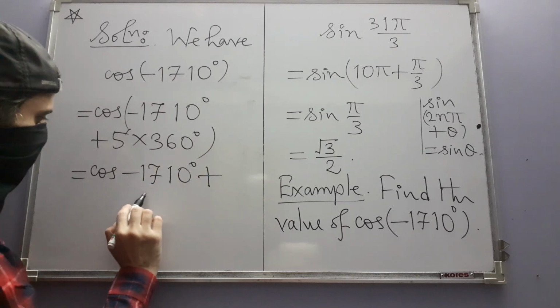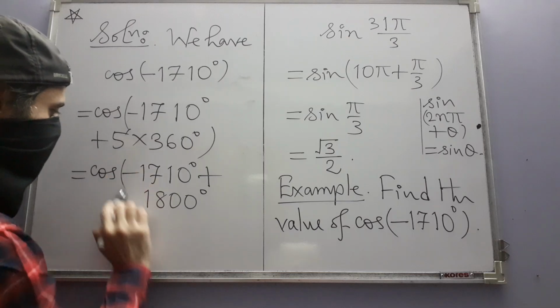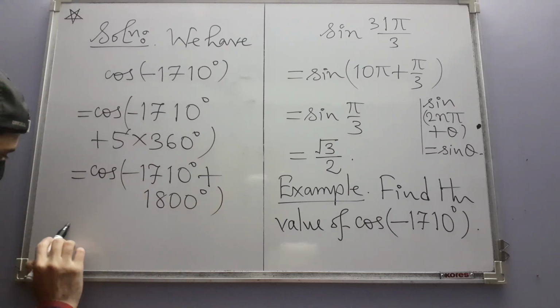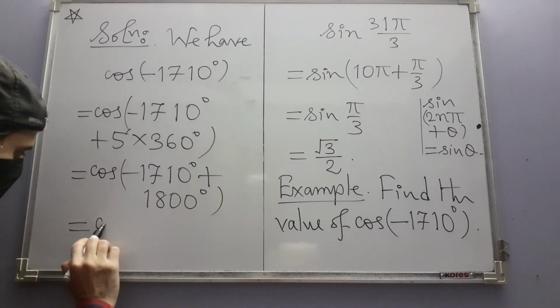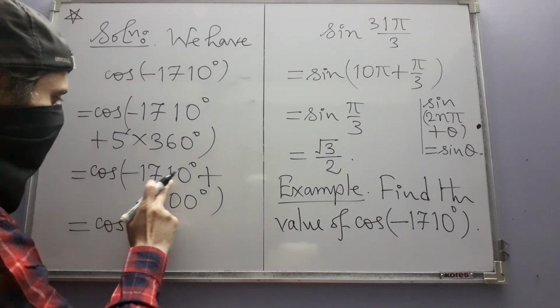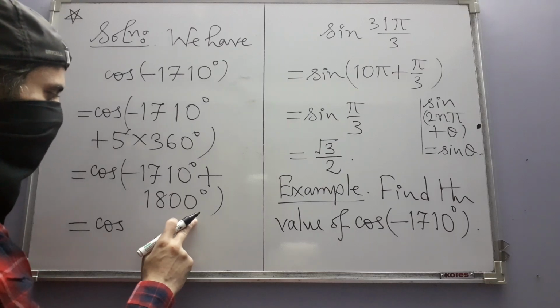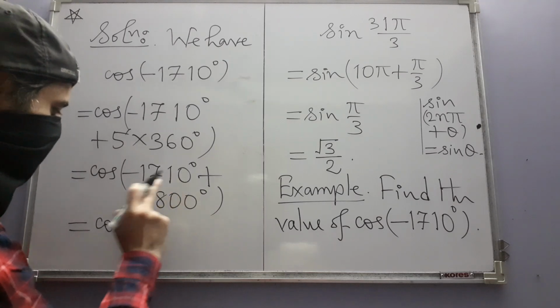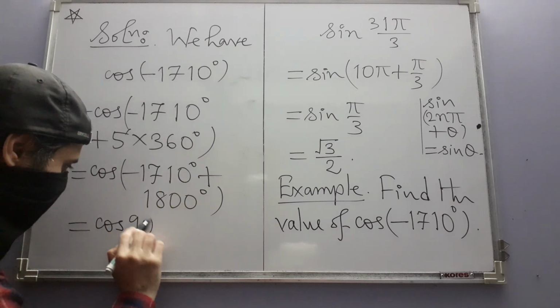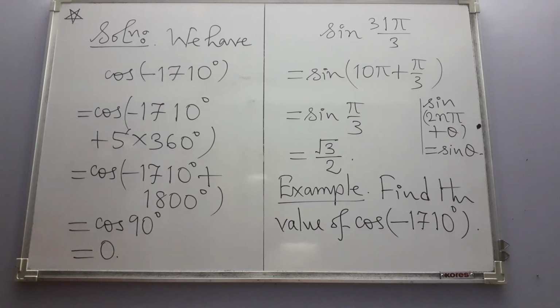This turns out to be 1800 degrees. And how much is in this? 1710, if you subtract from 1800, you get 90. So this is 0. That's just it.